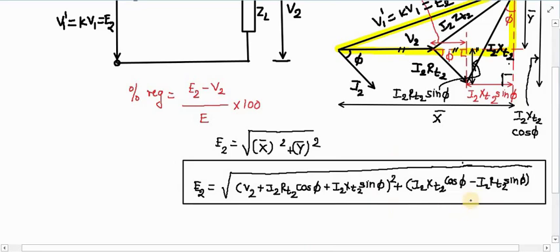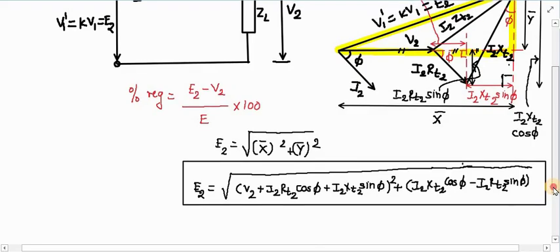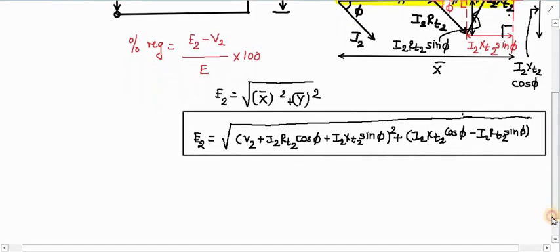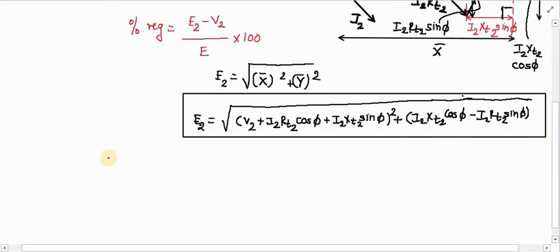Okay. Now in the above expression, the same expression we can derive alternately by using the complex notation. So what is our reference vector? Your reference vector is V2. So I can write in rectangular form this reference vector as V2 plus j0. Right? Then what is your I2? The I2 vector is lagging V2 by angle phi.